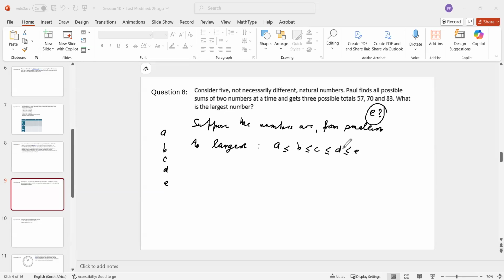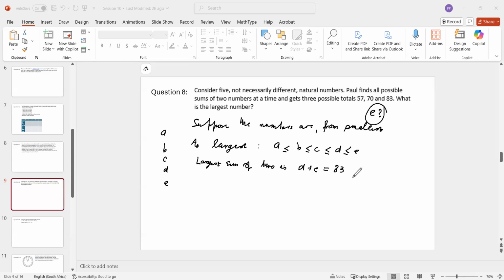The largest possible sum here is the largest sum of two, which is D plus E. There's no sum which is larger. You take the second largest plus the largest, right? And we know what the sum is going to be. It can't be 57 or 70, it has to be 83, because the sum of those two numbers is one of these, but it's the largest sum, so it has to be 83.